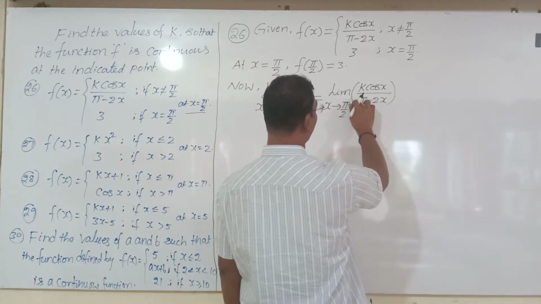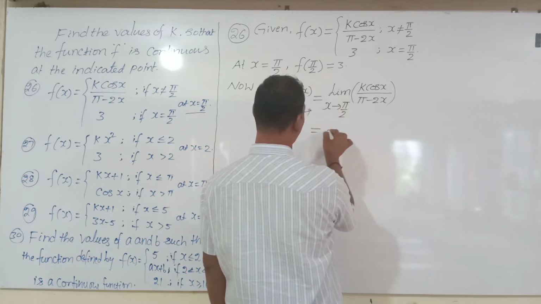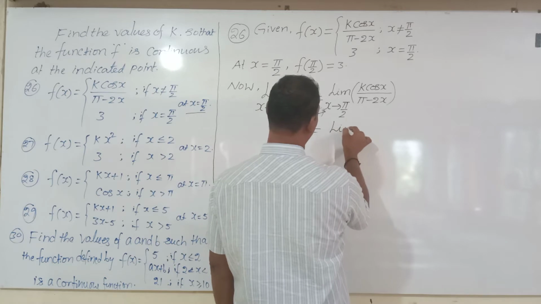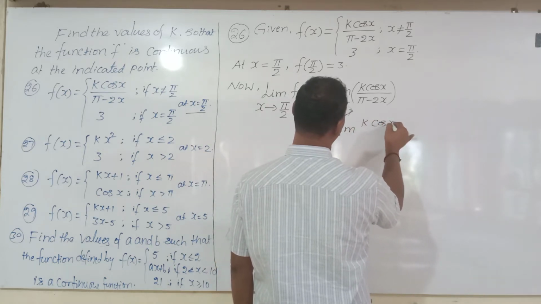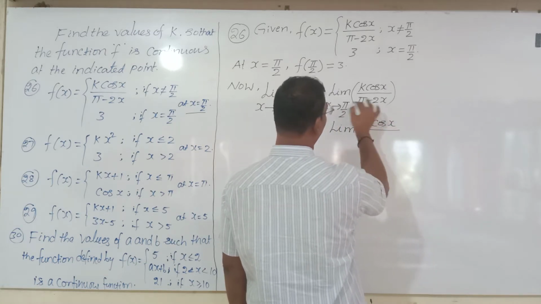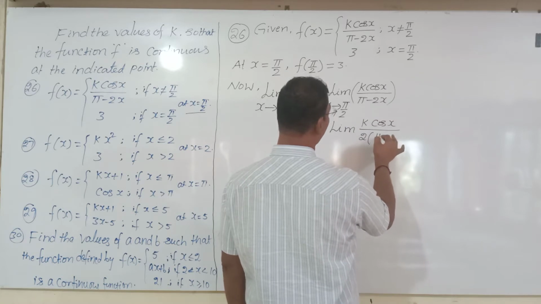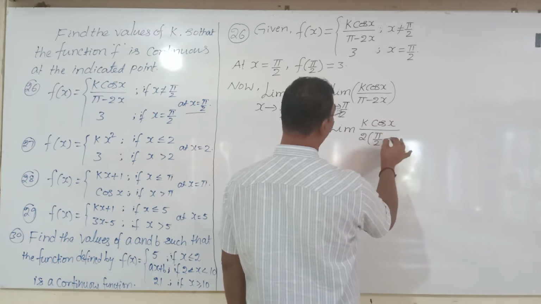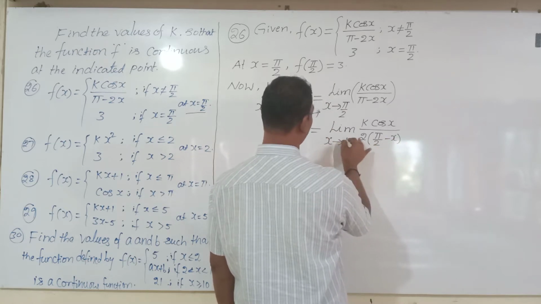It changes to pi by 2 minus x. So one more step I am adding. Limit of k cos x divided by 2 times pi by 2 minus x, as x approaches pi by 2.